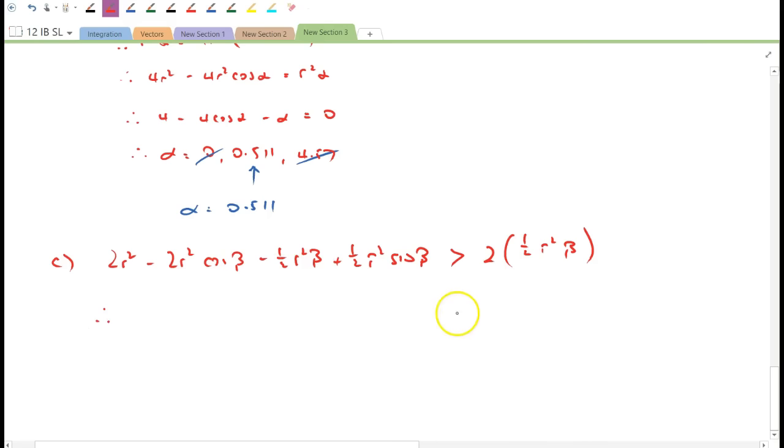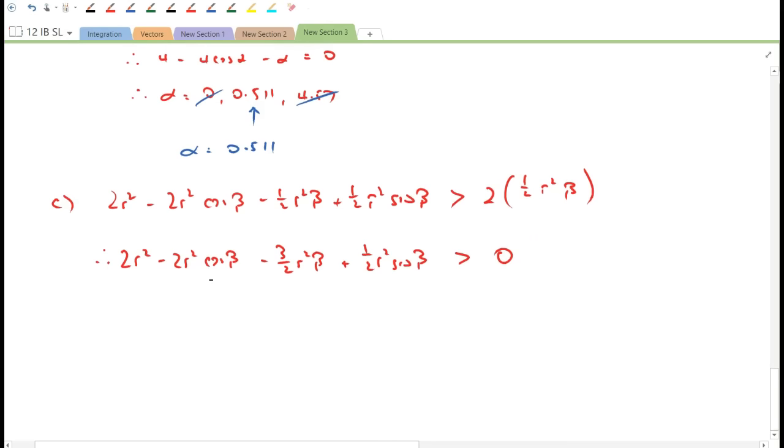Well, twice the sector just turns into r squared beta once you've worked that out, and now there's an r squared beta here. So we'll end up with 2r squared minus 2r squared cos beta minus half r squared beta. We're going to bring this one over, so it'll be minus 1/2 r squared beta, and that goes down to 0 now. Plus 1/2 r squared sine beta, all that to be greater than 0.